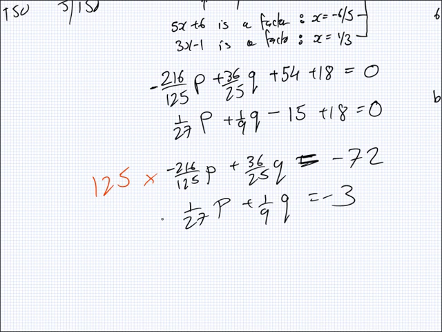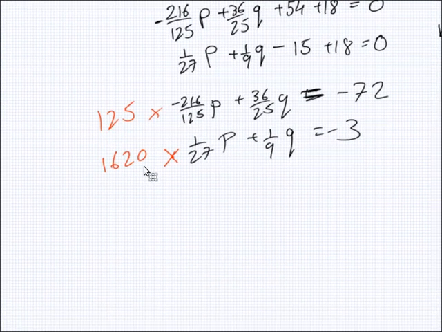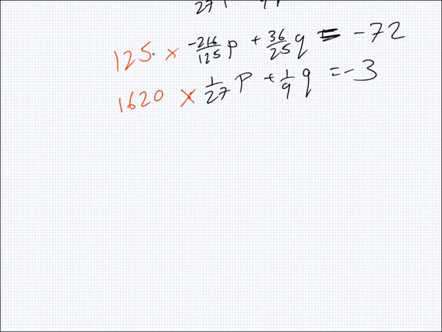So 27 times 60. 27, 9, so what's 27 times 60? 1620. Okay, let's see if this works. If I multiply the top one by 125, what do I get?